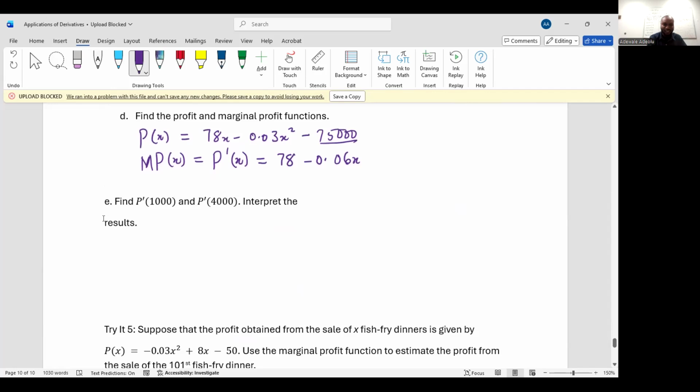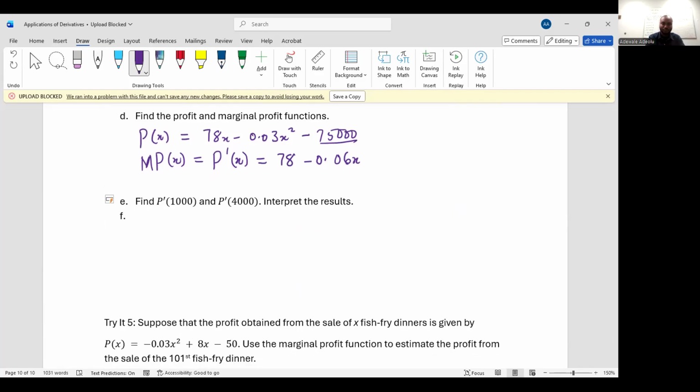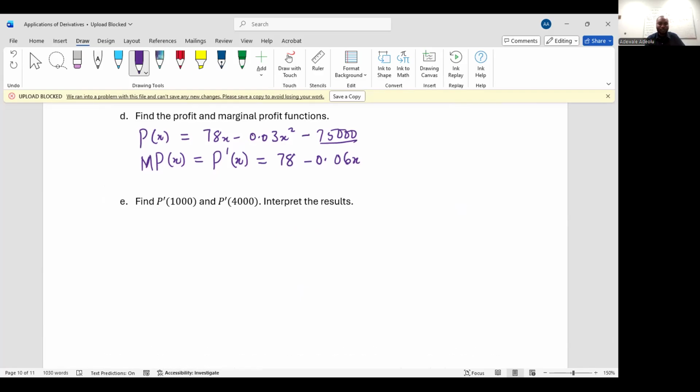The question here is, we should find P prime of 1000. Again, you understand what that means. That is the profit you are making on the 1001st cordless drill.